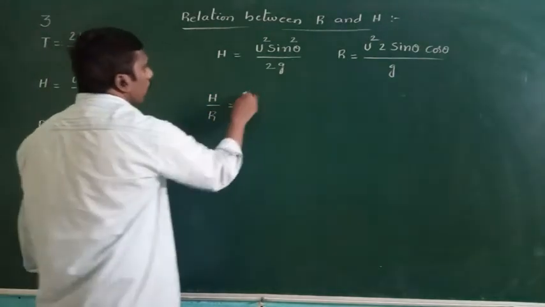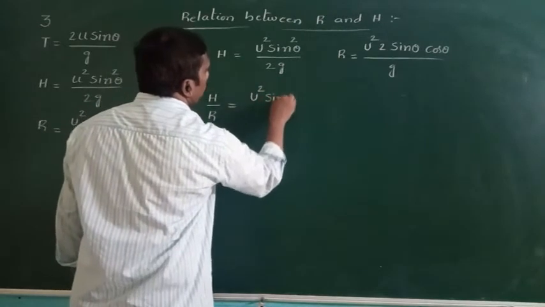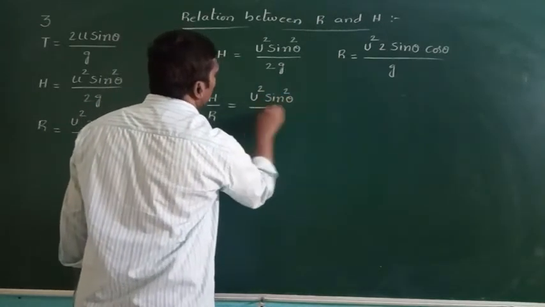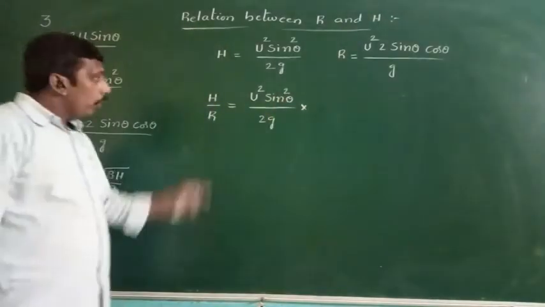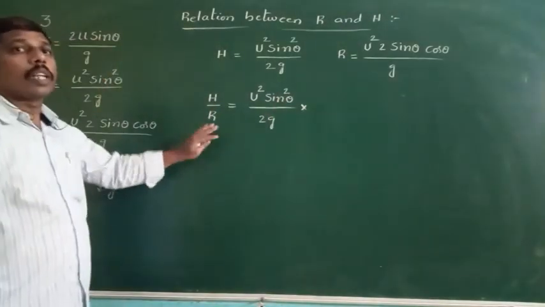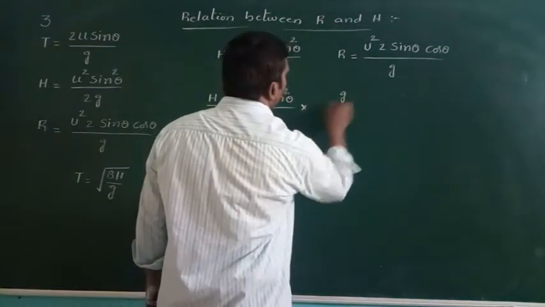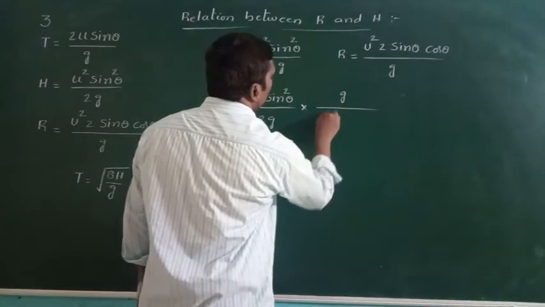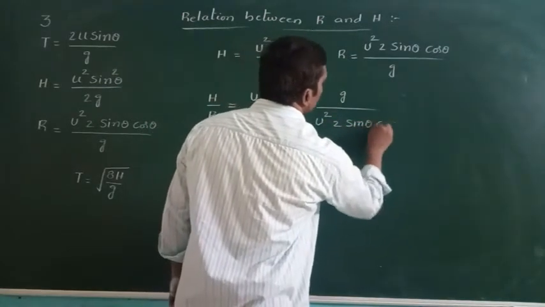So that is equal to u square sin square theta by 2g, and since R is in the denominator, we write the reciprocal of range, that is g by u square 2 sin theta cos theta.